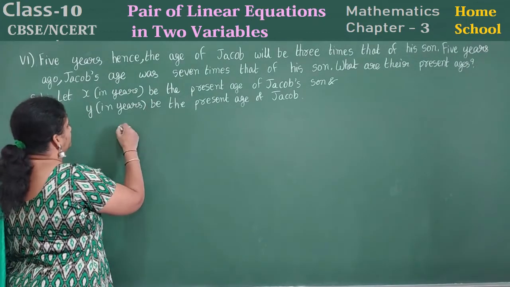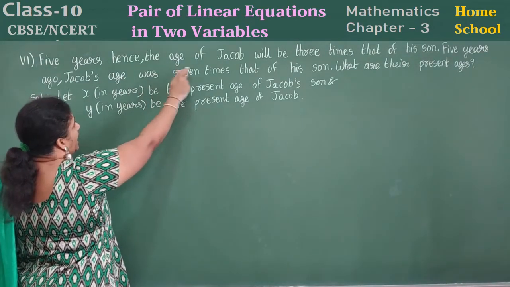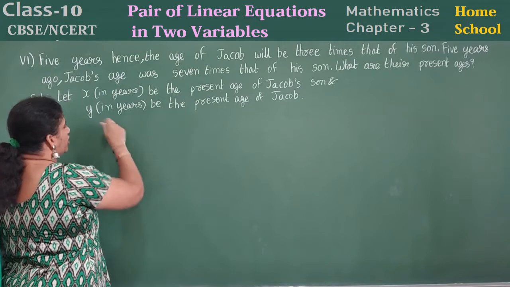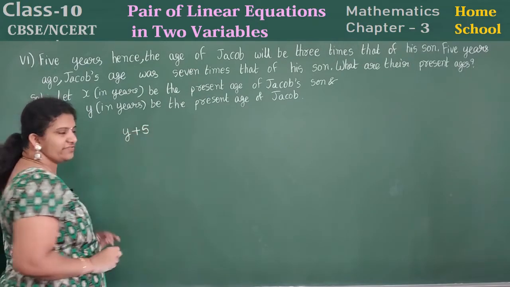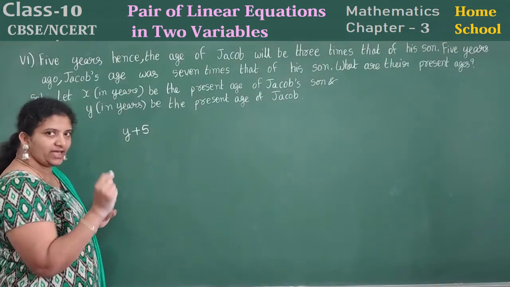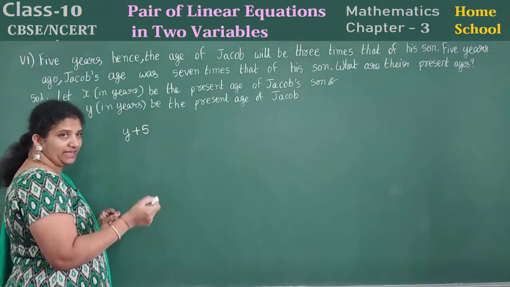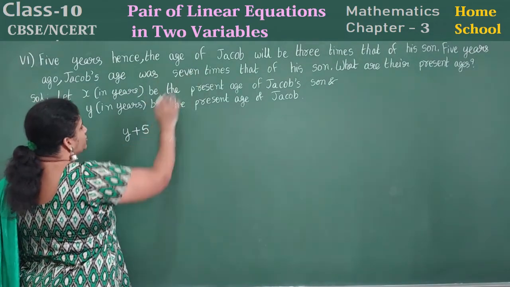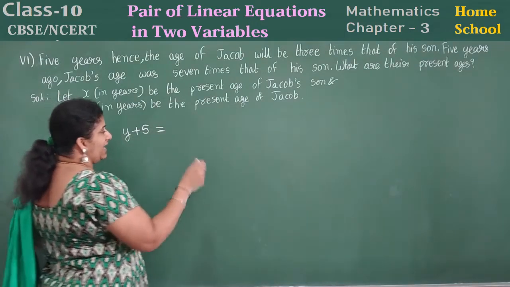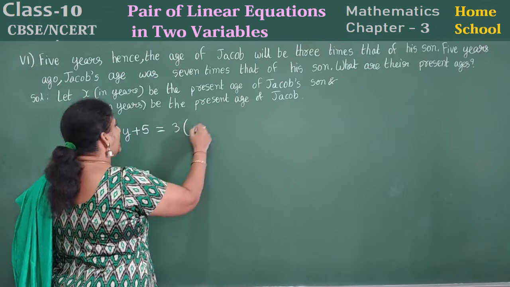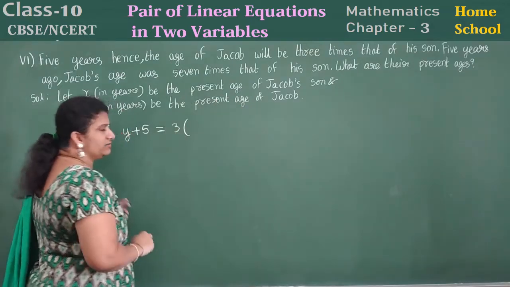So now look here, 5 years hence. So next, the age of Jacob. What is Jacob? y. 5 years, y plus 5. See the question carefully, how I am writing and how I am splitting. The age of Jacob will be 3 times that of his son.